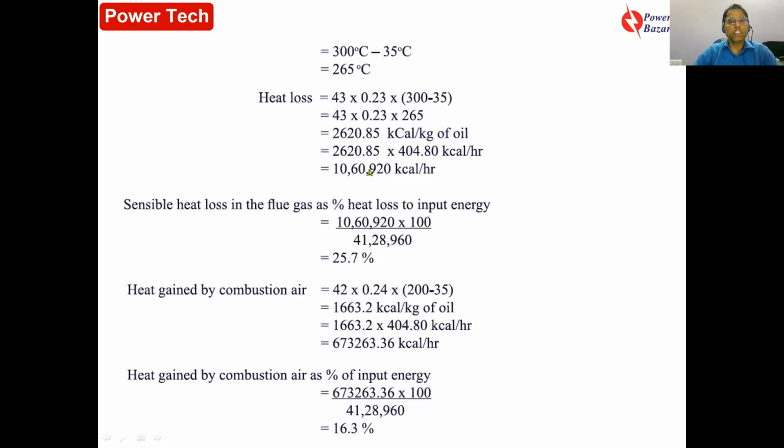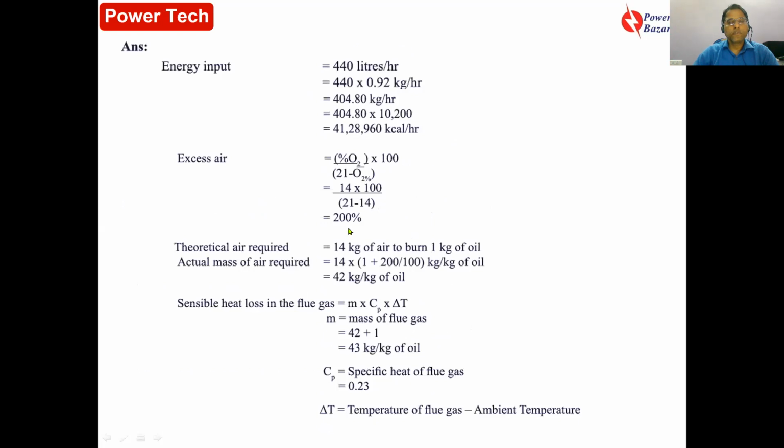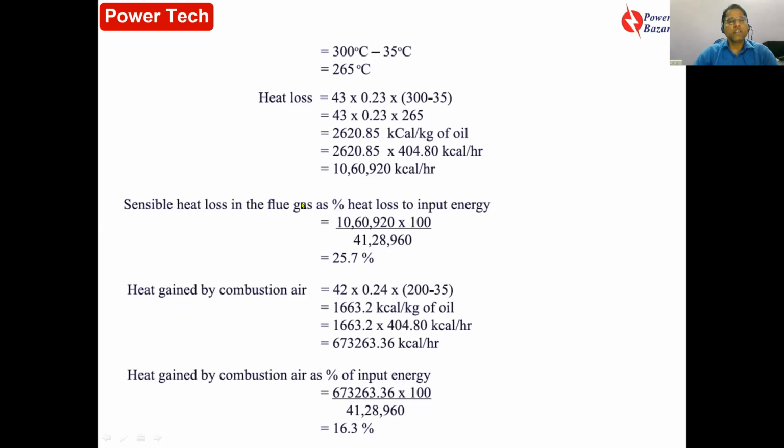It becomes 1,060,920 kilocalorie per hour. So the sensible heat loss in the flue gas, as a percentage of input energy, is this divided by the energy input. This is almost 25.7%, which is a very huge amount.